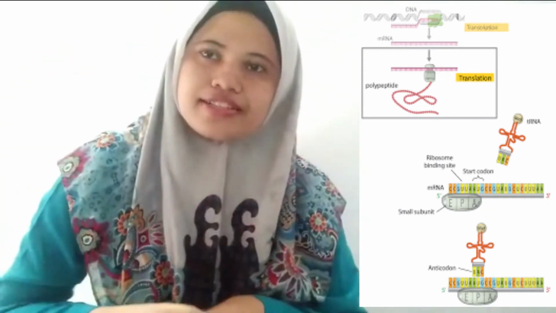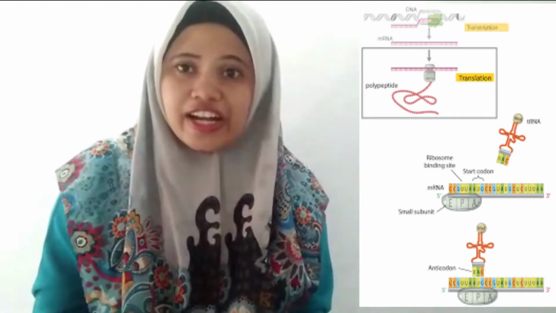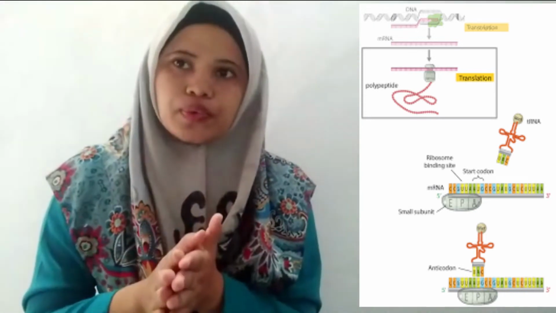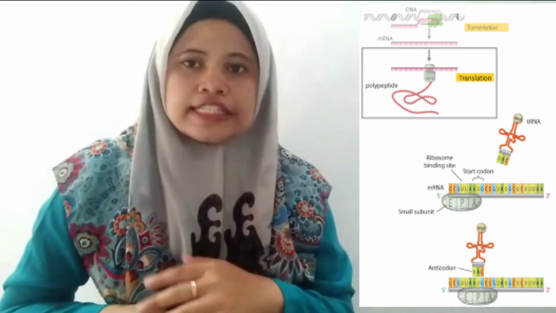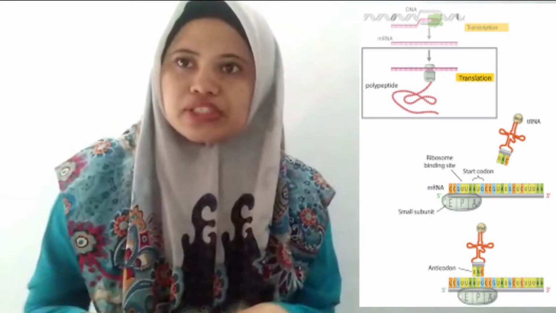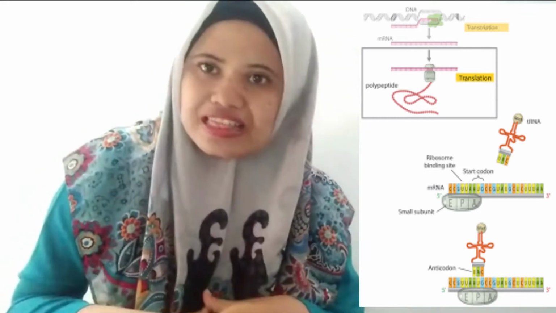To understand the role of tRNA, you need to know more about its structure. Each tRNA molecule has an anticodon for the amino acid it carries. An anticodon is complementary to the codon for an amino acid.